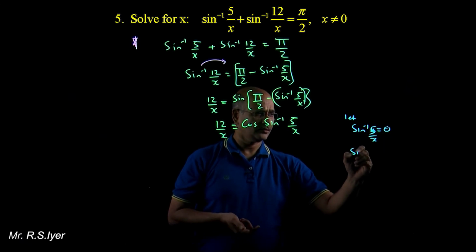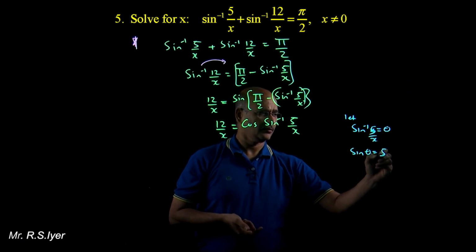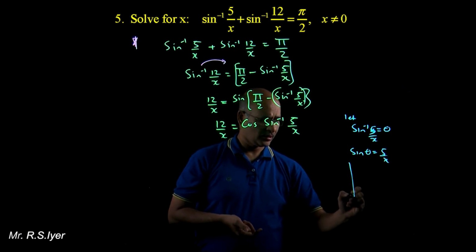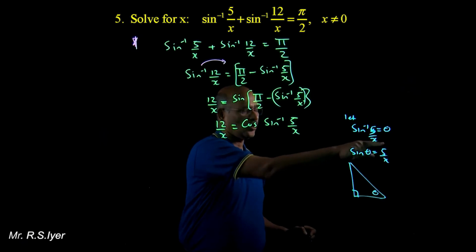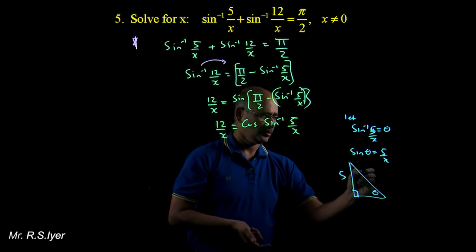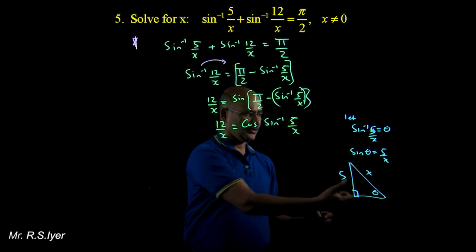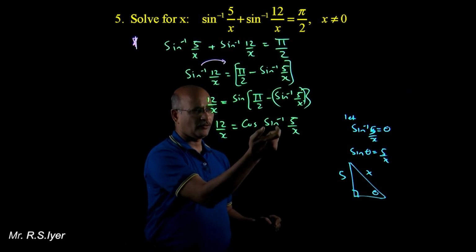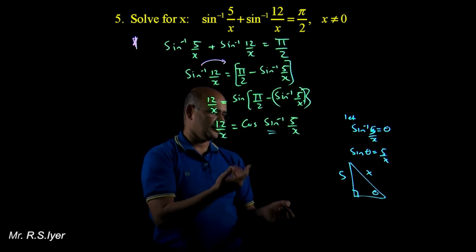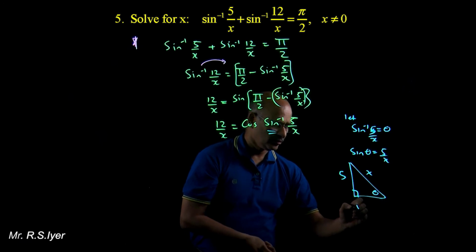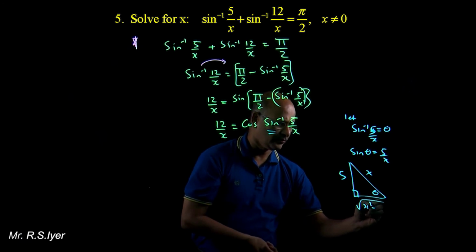So sine theta will be 5 by x. So if I draw a right angle triangle, this is theta, so sine is opposite upon hypotenuse. So the missing side will become, why am I doing this? Because I want to change this sine inverse into cos, that is the reason. So in the right angle triangle, this will be square root of x square minus 25.